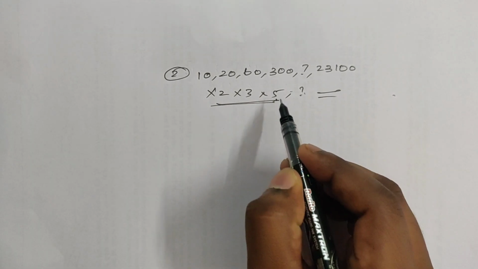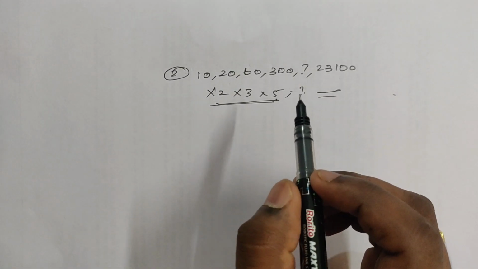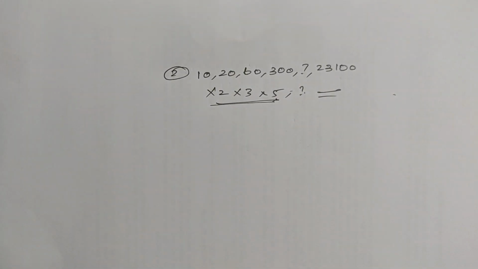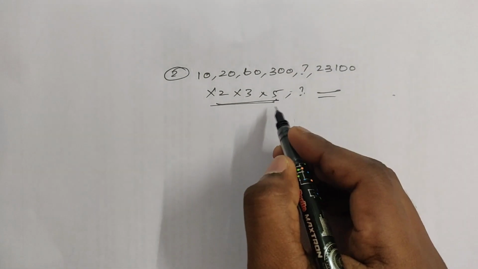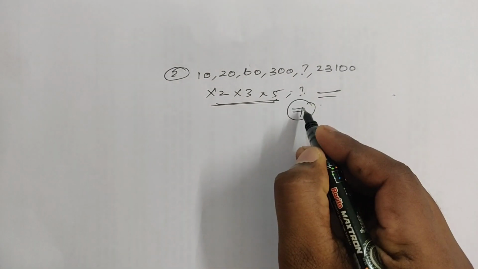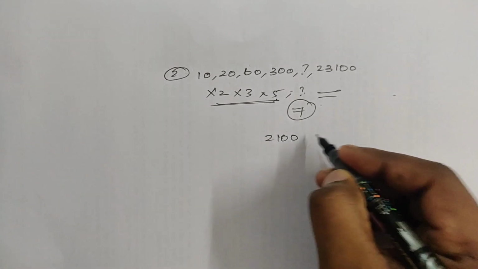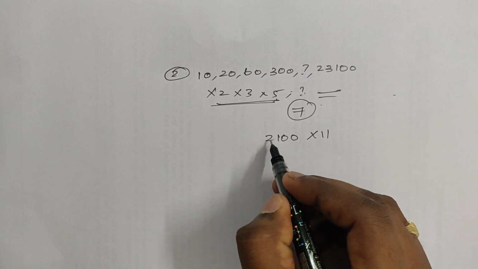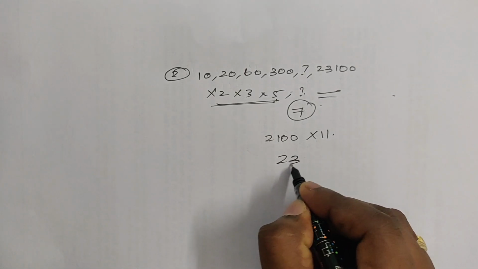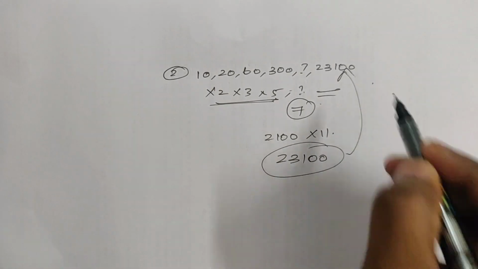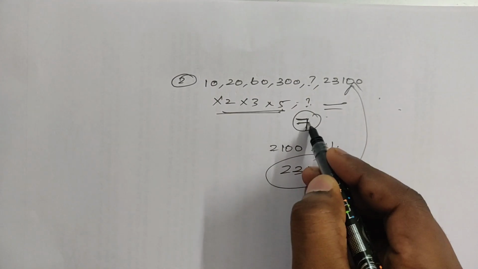If you take 5, the factors are 1 as well as 5. Or else you can say a prime number is a number where only its own number can divide it. So the next prime number is 7. So 300 into 7 is 2100. The next prime number after this is 11. So 21 into 11 is 231. You can see the condition is satisfied perfectly here.